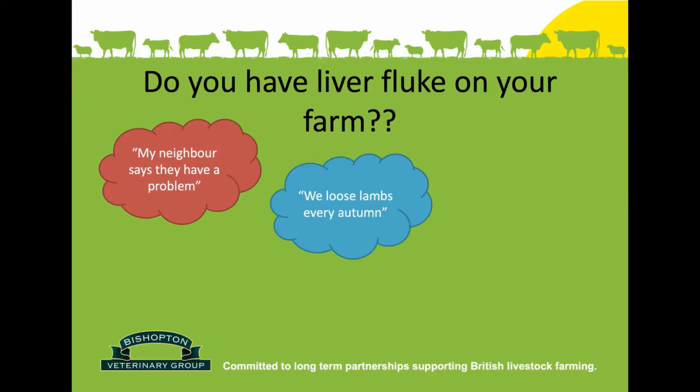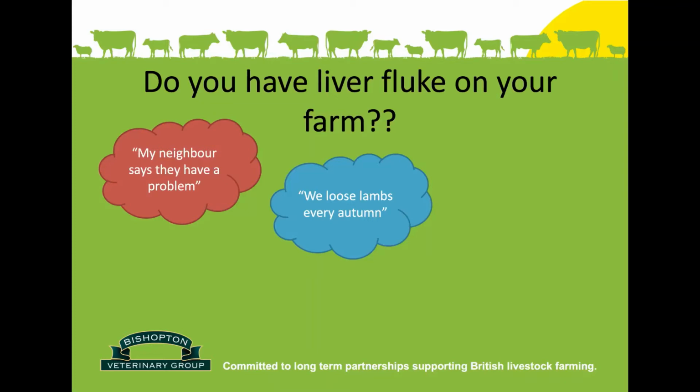We always lose lambs every autumn. This is one that I always hear when I come to do Red Tractor reviews. But why do you lose lambs every autumn? It's very easy to say, oh well, lambs like to die, or it might have just been a bit of this or a bit of fluke or a bit of that. But if we're not post-morteming those animals, we don't know why they've died.